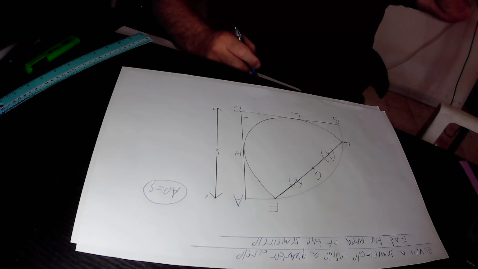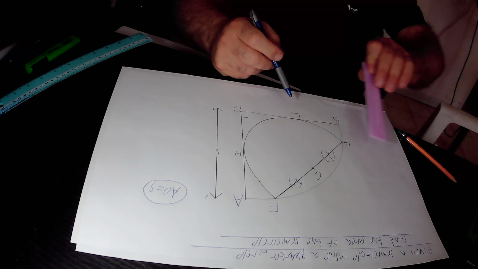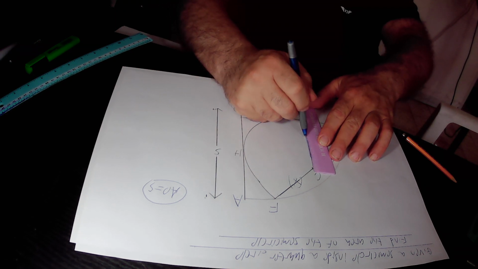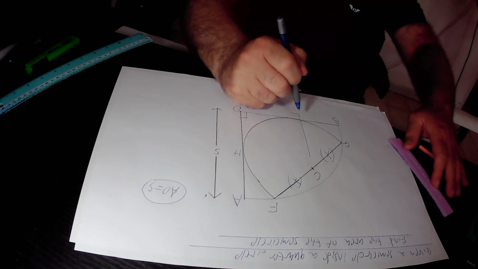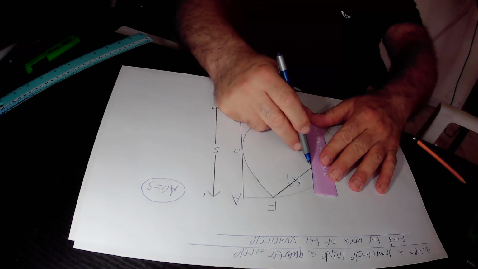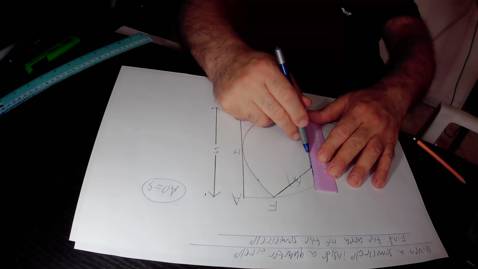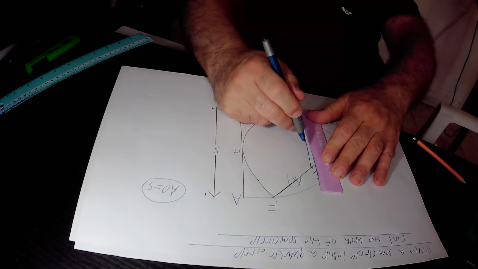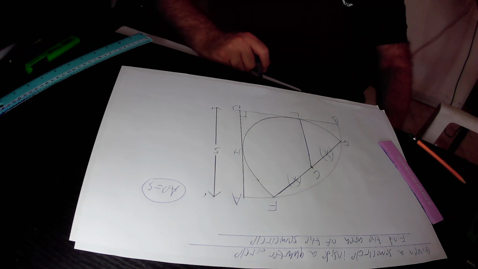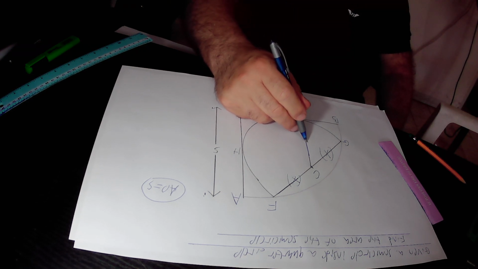In the next step, we join point C and point L by a straight line. CL is the radius of this semicircle, that equals x according to our definition.